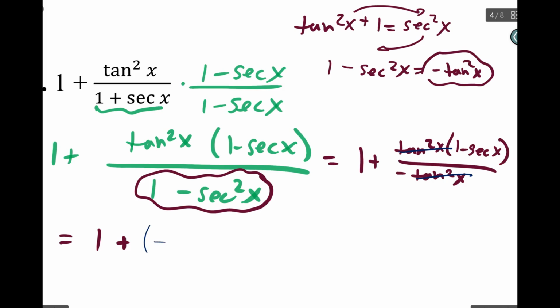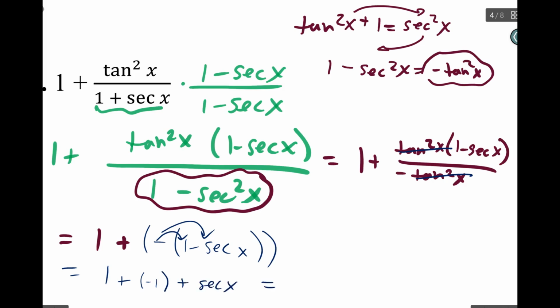So this will be plus negative 1 minus secant of x. Distribute out the 1. It's 1 plus negative 1 plus secant of x. So 1 plus a negative 1 is 0, so this is just going to be secant of x.